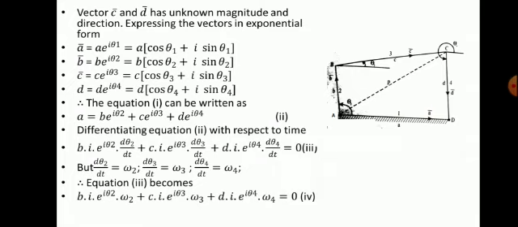Therefore, equation 3 becomes b i e^(i theta 2) omega 2 plus c i e^(i theta 3) omega 3 plus d i e^(i theta 4) omega 4 is equal to 0.